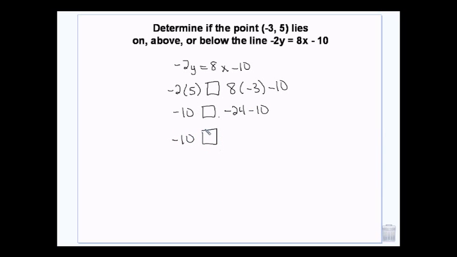So that's negative 10, and this is negative 34. Is this going to be a greater than, a less than, or an equal? Which side's bigger? Greater than. Yeah, greater than. So the point is above.